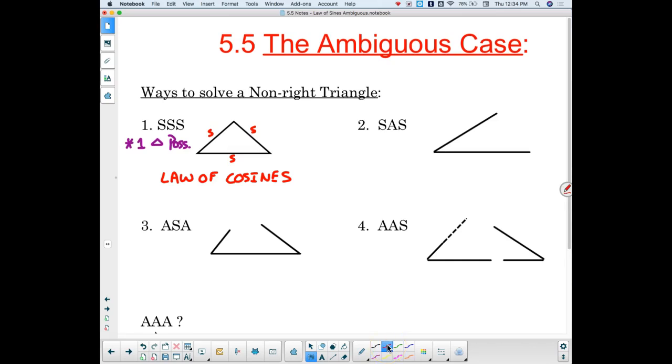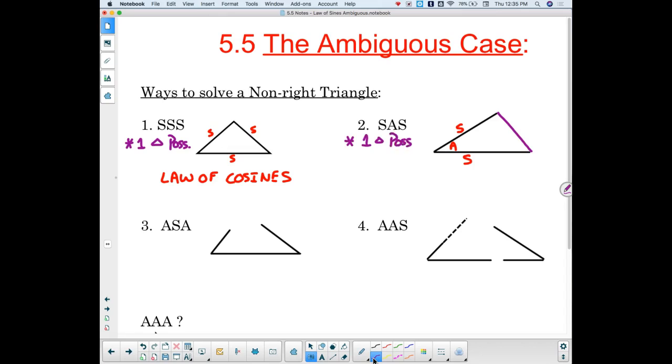In a side angle side case, our triangle would look like that. The nice thing is there's only one triangle that's possible.